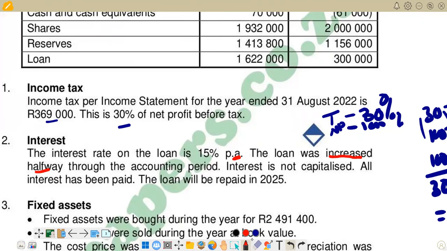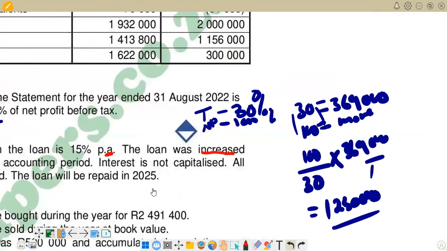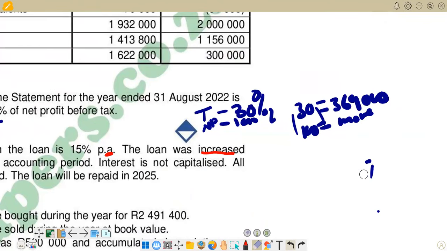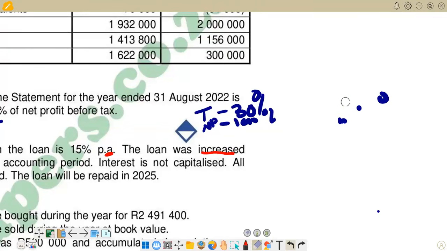So we can just make that calculation. Right, when you come here, this 300,000, we are saying it's the whole year, so we are going to say 0.15 being this rate of 15%.